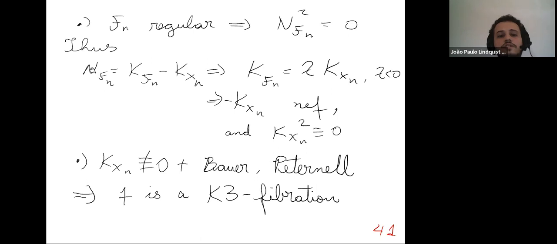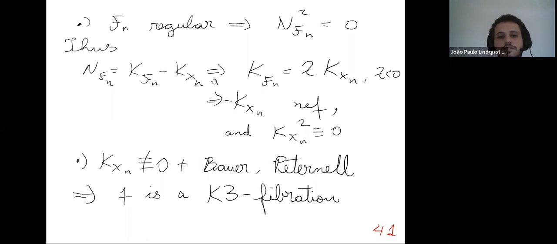So I have here N_{F_n} equal to K_{F_n} minus K_{X_n}. The square of the left hand side is 0. And here the square of this is greater than or equal to 0, the square of this is greater than or equal to 0, and this is nef, and this is pseudo-effective.